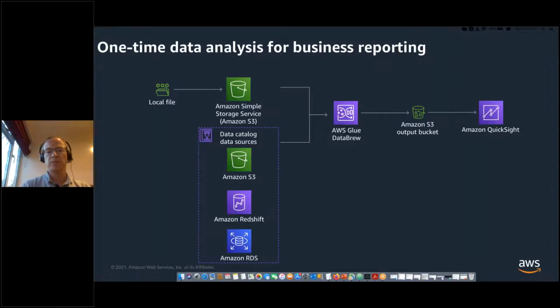And then once you have your data set within DataBrew, you can then clean it, prepare it, normalize it, output it back to S3, and from there you could import it into Amazon Quicksight for reporting and visualization. So this ad hoc use case that we've seen is probably the most fundamental flow within DataBrew.